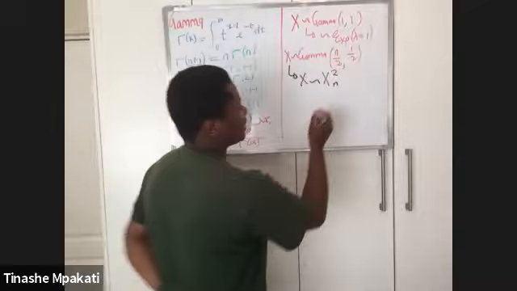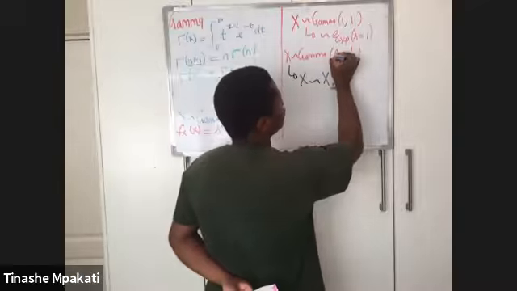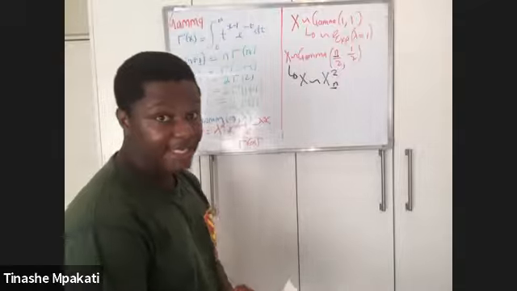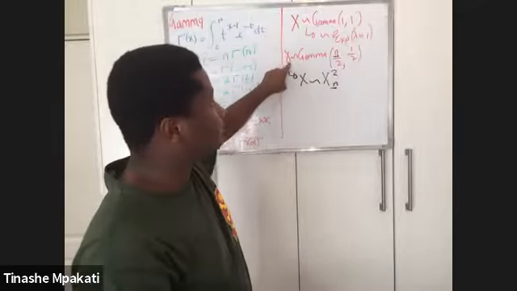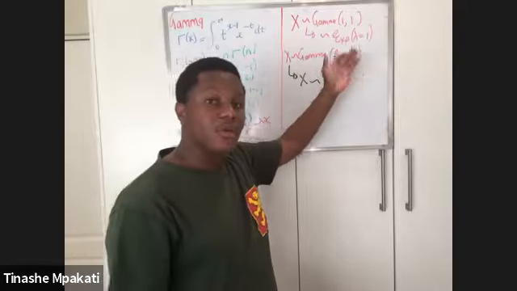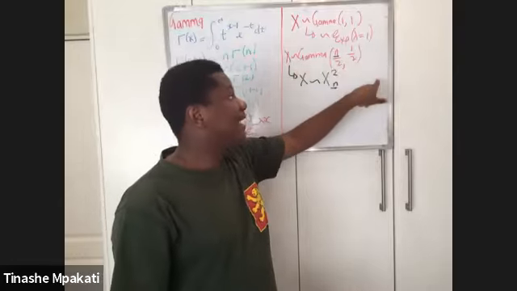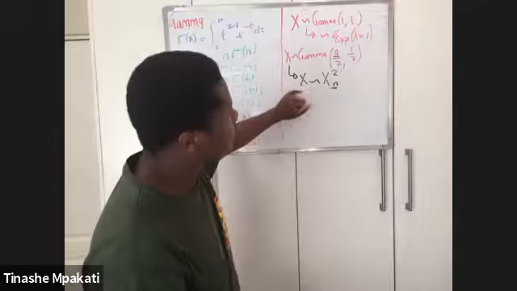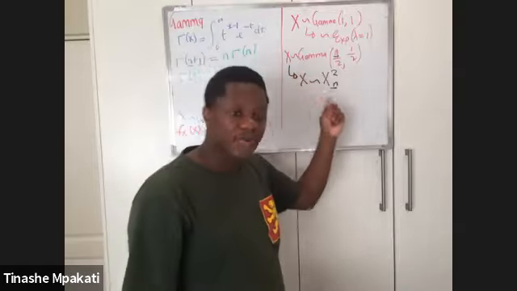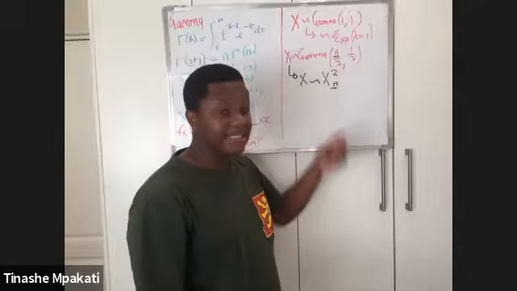And I want you to see that this n here corresponds to this n there. So what this is saying, just to go over it again, is that when you've got a random variable X with a gamma distribution with parameters n over 2 and a half, we can also translate it as a random variable X which has a chi-square distribution with n degrees of freedom.